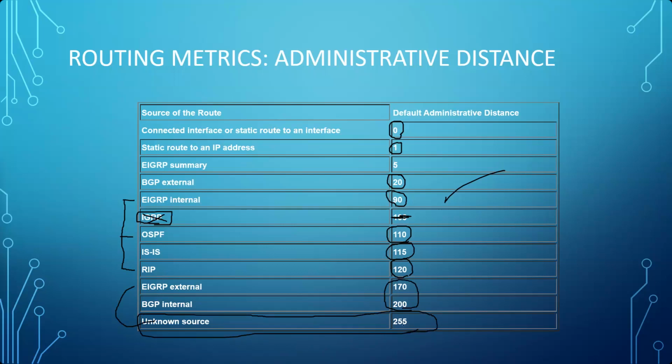Don't know if it will or won't, but the highest level that administrative distance can be is 255, which means it's unknown and untrusted. That's a long way from the circle of trust. 255 is all the way out there, so we don't trust it. This is also how, if you ever read about route poisoning, this is one of those values that can be set to poison the route to tell other routers, don't go this way, it's bad.